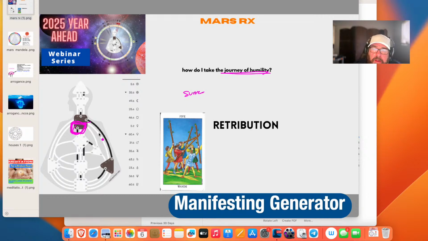The only thing that wants to fight with this other person, let's say, is this retribution, the Five of Wands. I want to get back at that other person, right? They need to pay. They need to be punished. They're not taking accountability, because all this resentment can build and build and build in a Mars retrograde, and then explode out.